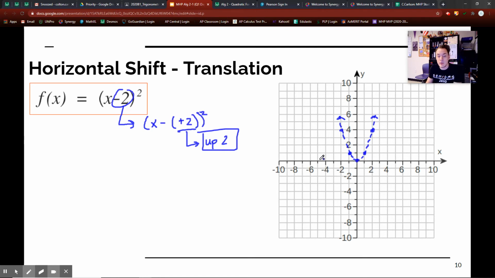Or sorry, not move up. It moves to the right, not up. My apologies, getting stuck with the vertical. So if this is my parent graph, it moves everything to the right 2. Okay, because it's +2. So all these points move to the right, and this moves 2 to the right. So now my actual graph would look something like this.